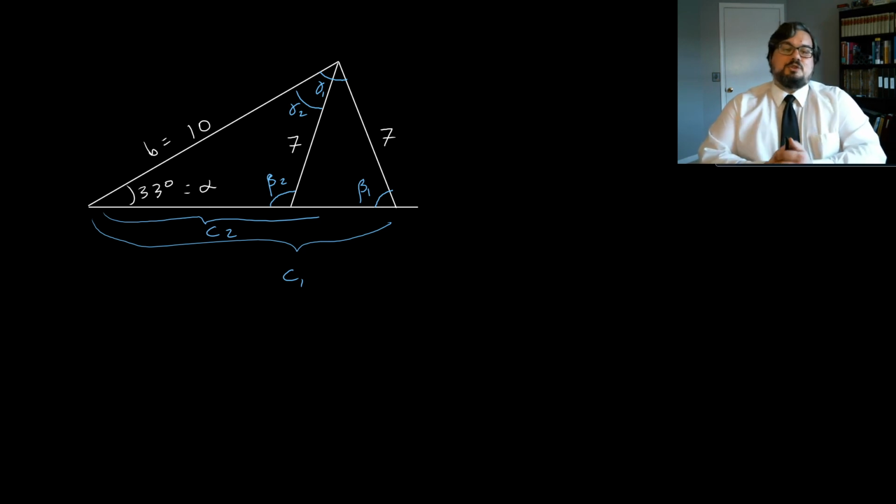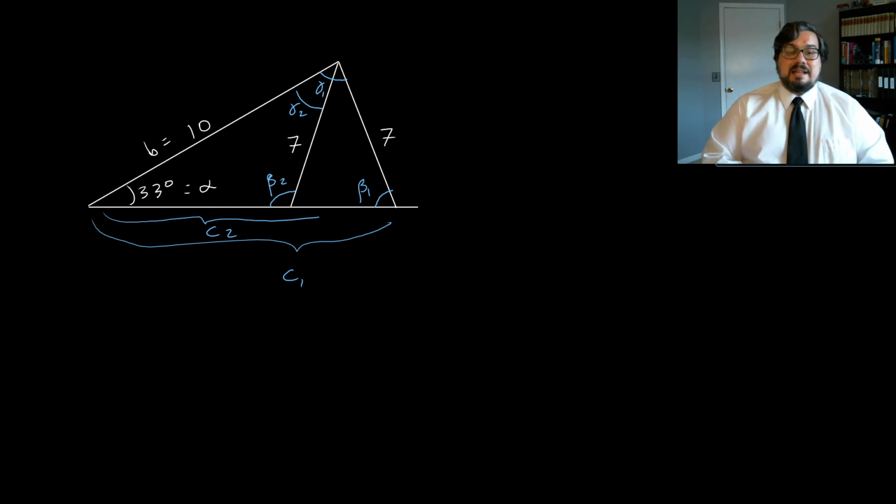So that's where the two different triangles being formed show up here. When you only know one angle and two of the side lengths, if they're the right size in relation to each other, you can actually form two separate triangles satisfying those conditions.